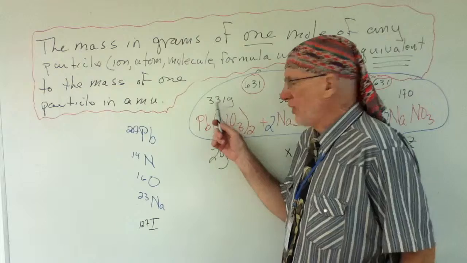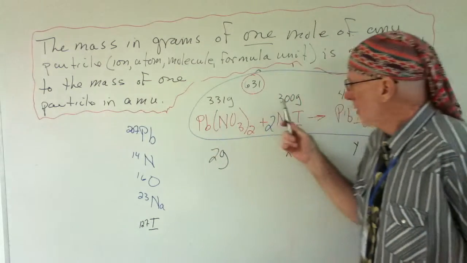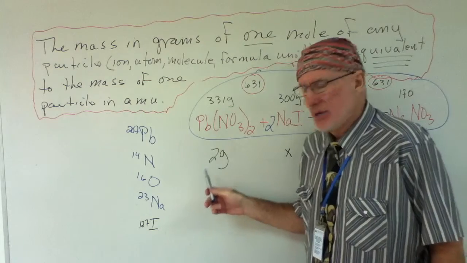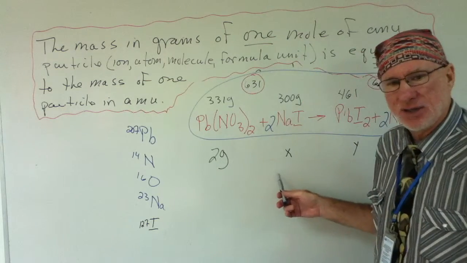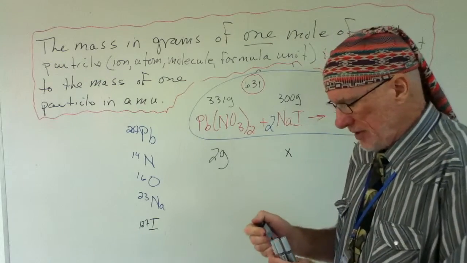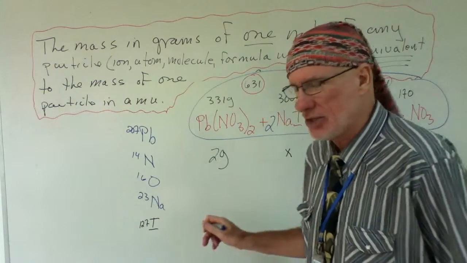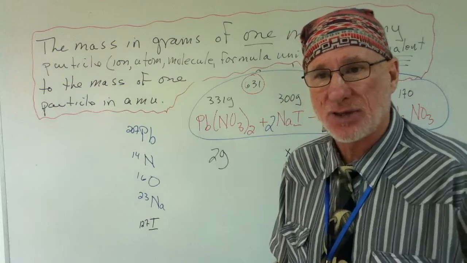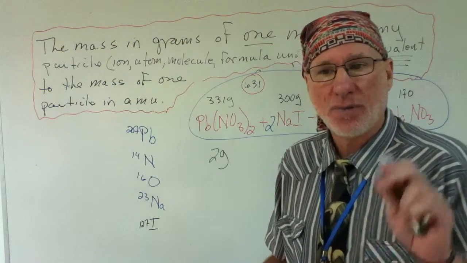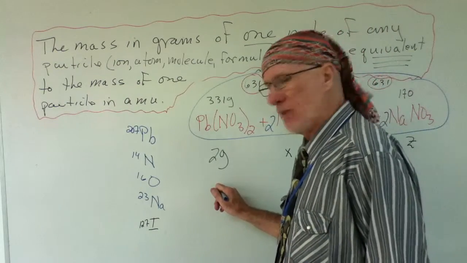If I use 331 grams, I need 300 grams. But I'm only using 2 grams. So how many grams of this am I going to need? So you're going to need your calculator. In other words, this is going to be my constant ratio. Remember, stoichiometry is the study of the constant ratios in a stoichiometric relationship, which is in the form of a stoichiometric equation, right?